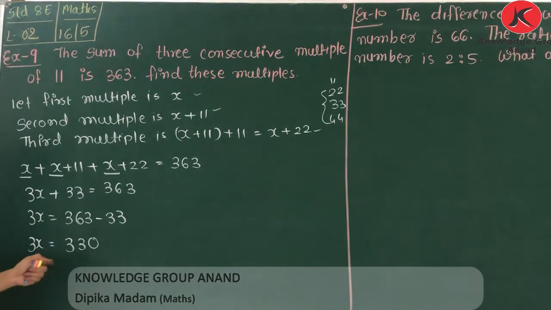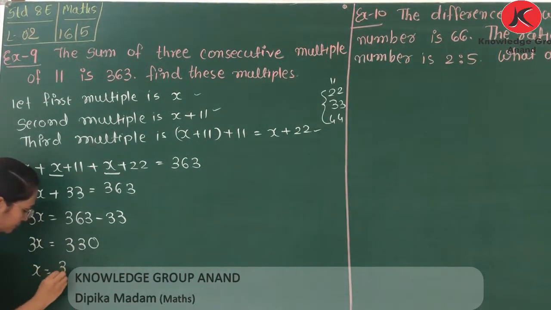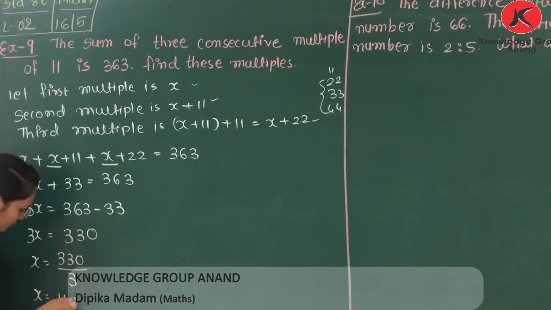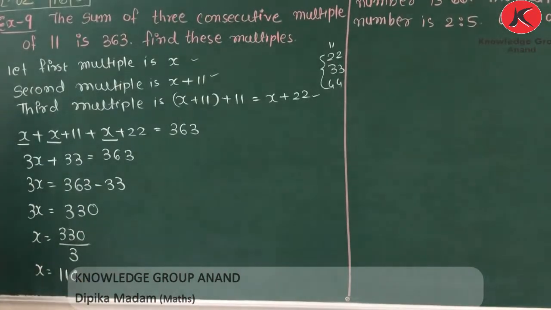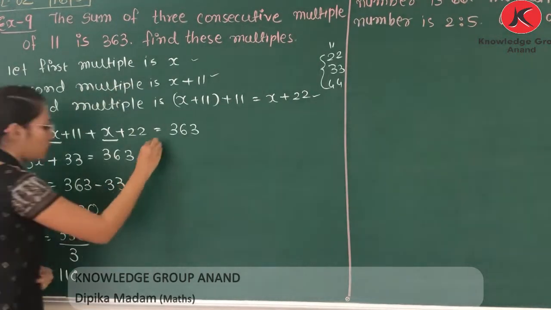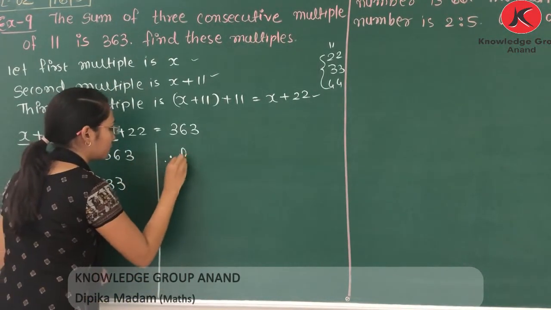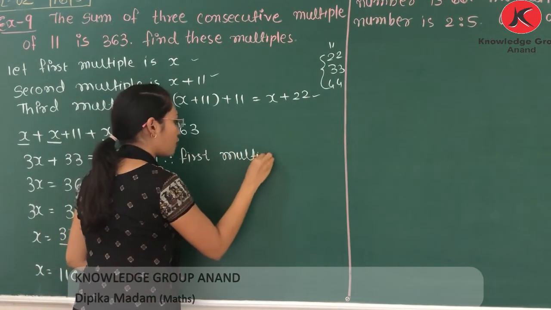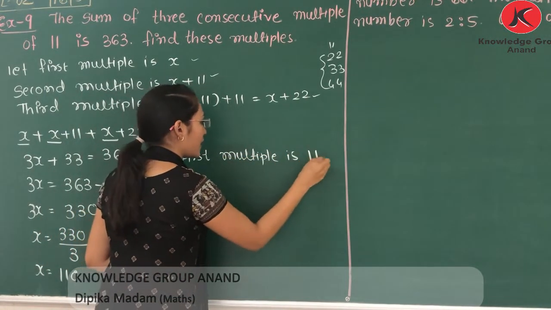A multiplication becomes division. 110 is the first multiple. Why? Because x is 110 and the first multiple is x. So the first multiple is 110.